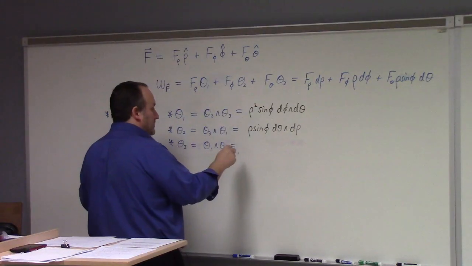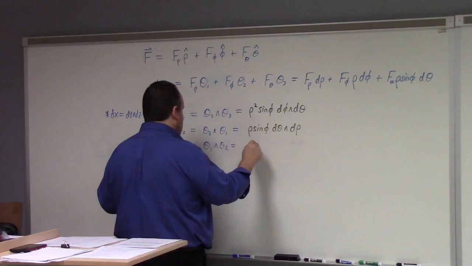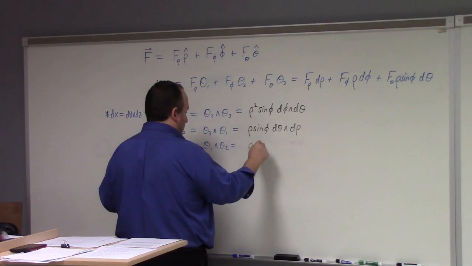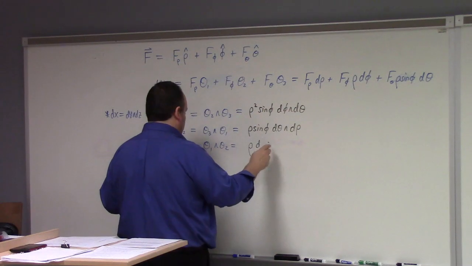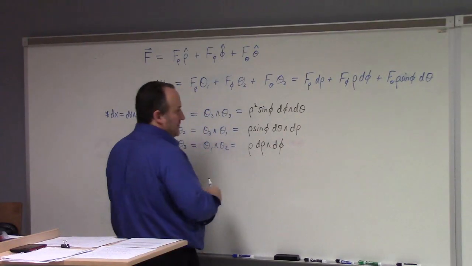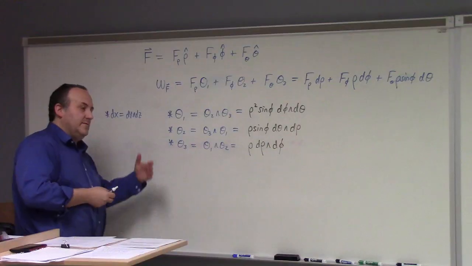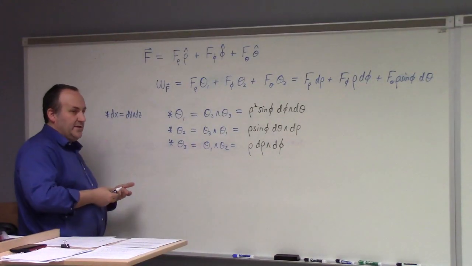And this one gives me rho d rho, wedge, sorry, d phi. So there you go. Those are the Hodge duals, respectively, of theta 1, theta 2, and theta 3.